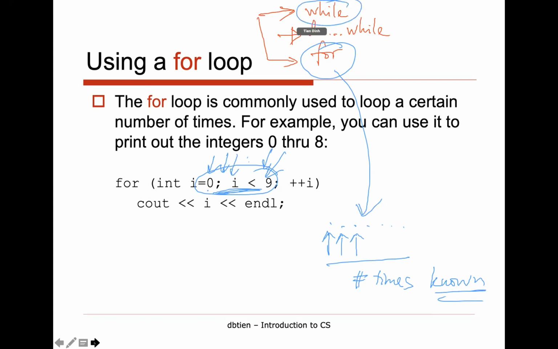For the while loop, you are not very clear on the number of times until a certain case. Say, just input the response until the response is yes, either a small yes or a big yes, then you will stop. You don't know how many times the user will enter, maybe 2 times, maybe 3 times, maybe 10 times, but you are waiting for the user to confirm, and people prefer to use a while loop.